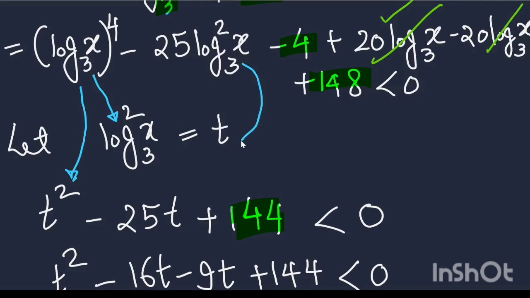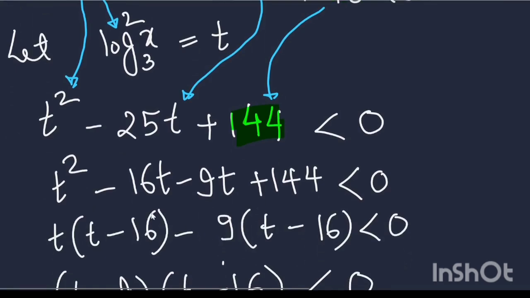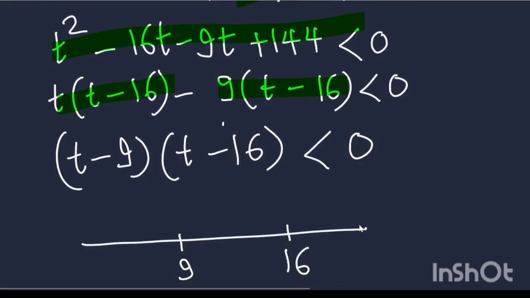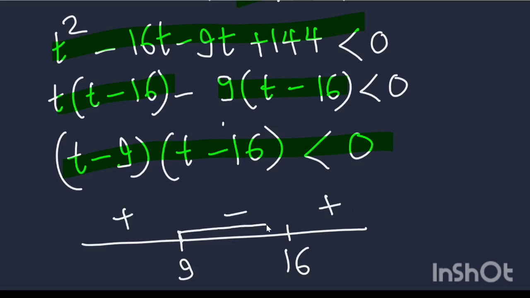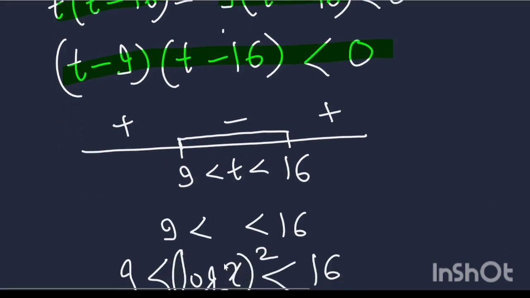Similarly, log x base 3 whole square is t, minus 4 plus 148 is 144. For the quadratic, splitting the middle term, minus 16 minus 9, taking t common: (t minus 9)(t minus 16) less than 0. Using the wavy curve method, plus minus plus, we need minus, so the answer would be t between 9 and 16.